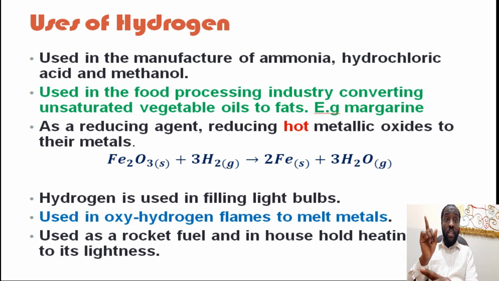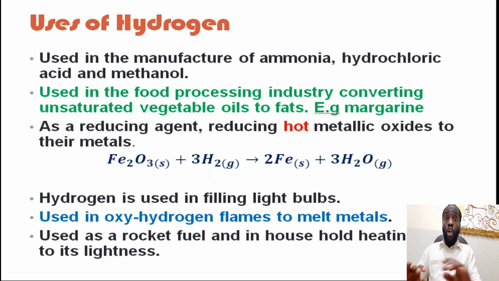They are also used in oxyhydrogen flames, where they are used in cutting metals. And due to its lightness, your hydrogen is so instrumental as rocket fuel and in household heating equipments. Good.